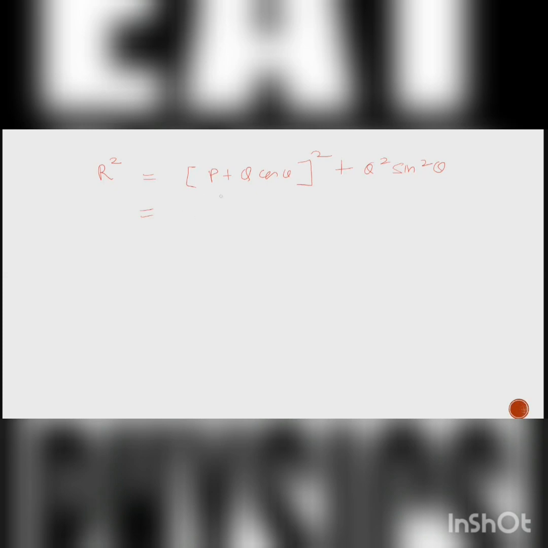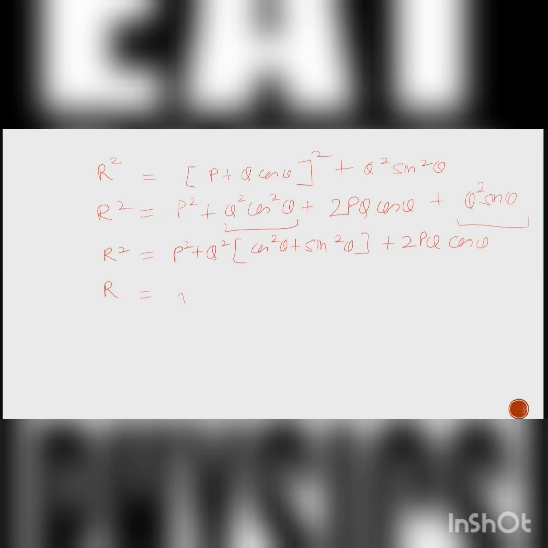Now just open the bracket, use the identity (A plus B) whole square, so this would be A square plus B square plus 2AB. Now I just combine these two factors, take Q square common, cos square theta plus sin square theta, plus 2PQ cos theta.